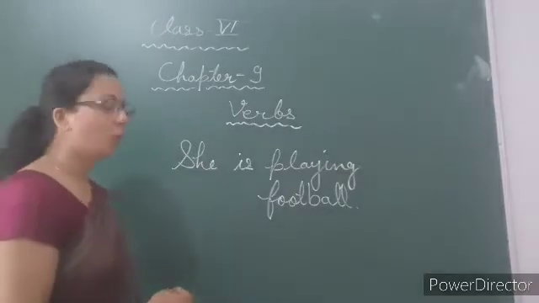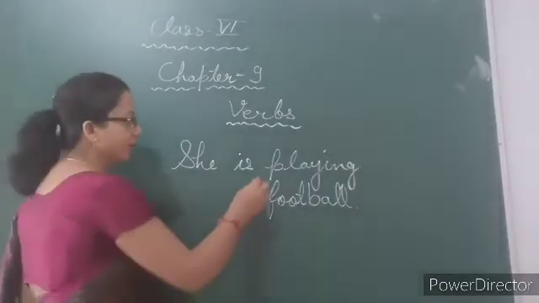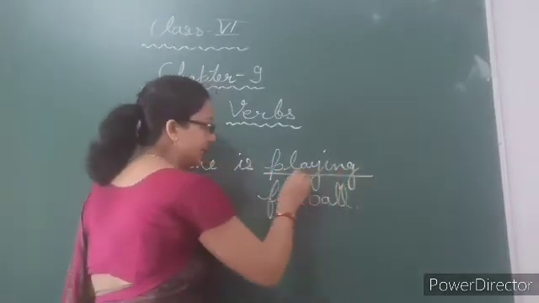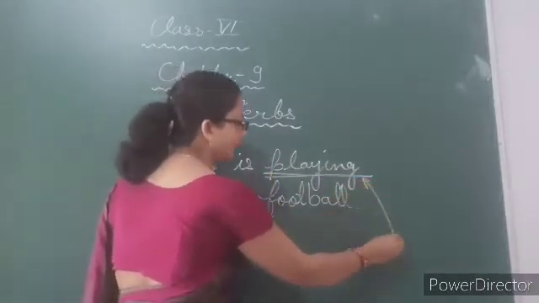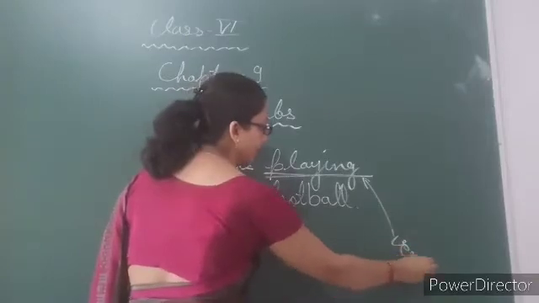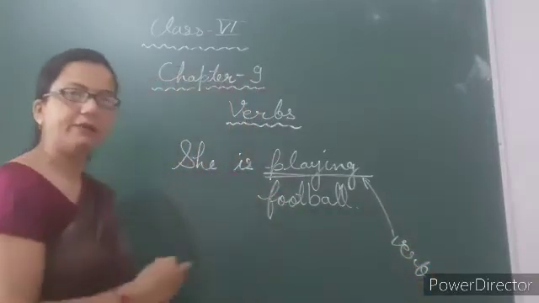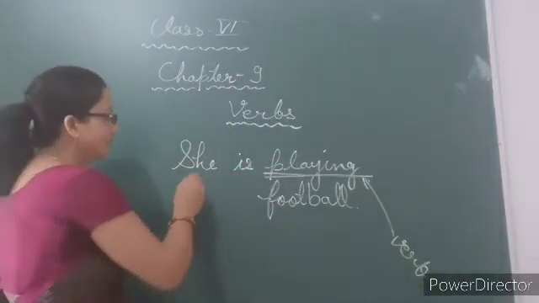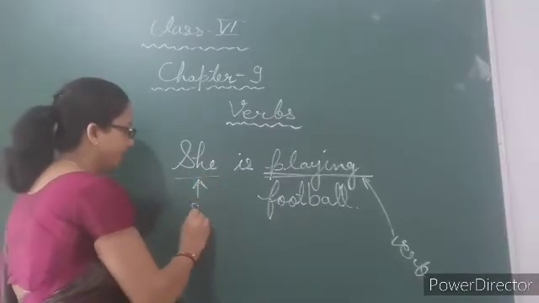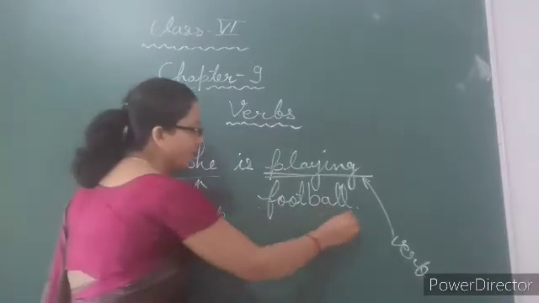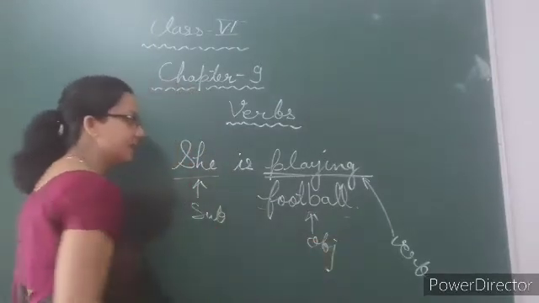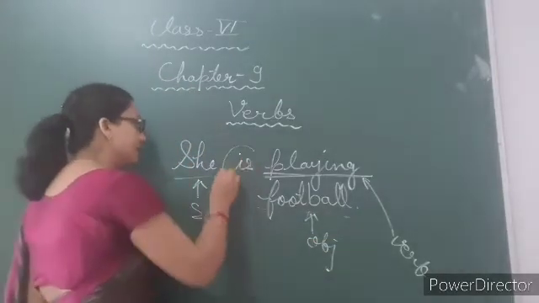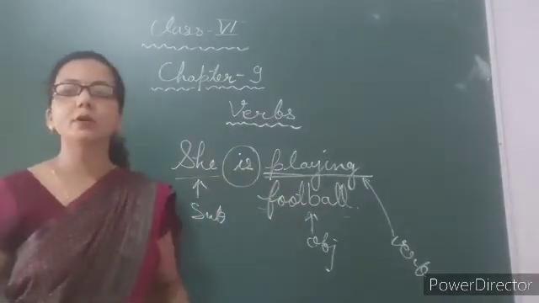So here what is the action? Playing. Yes, playing. So this is your verb. And have a look at your full sentence. She is your subject and football is your object. Then what about is?